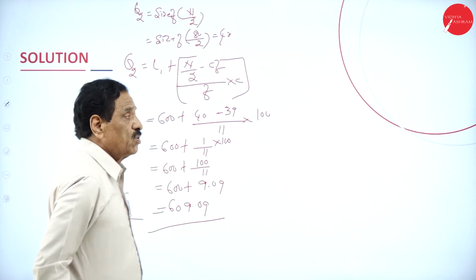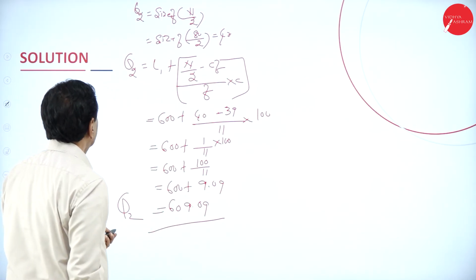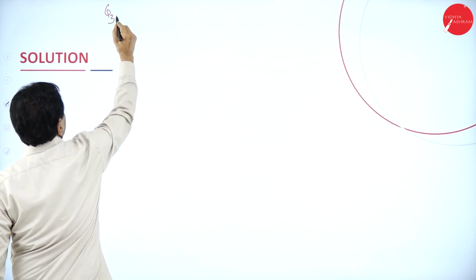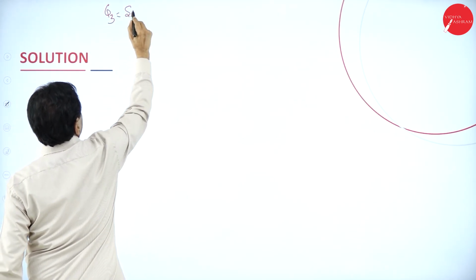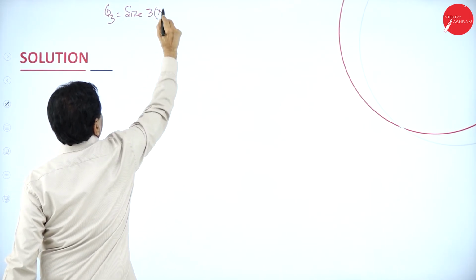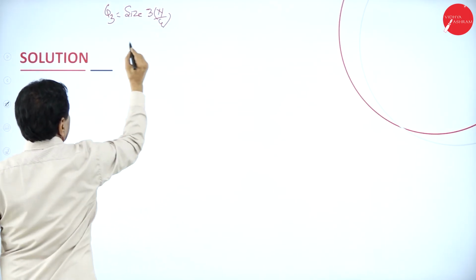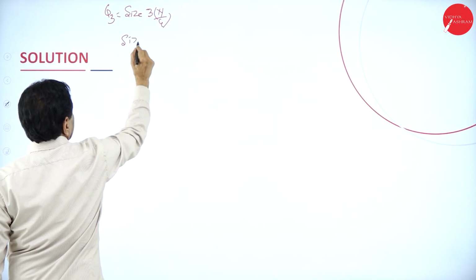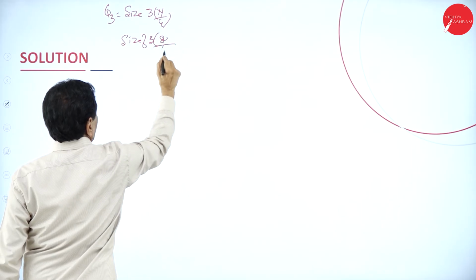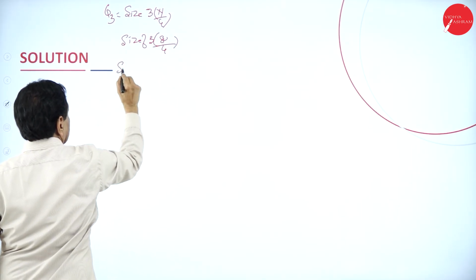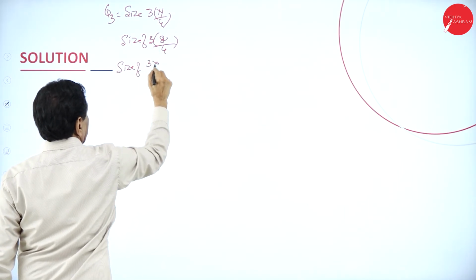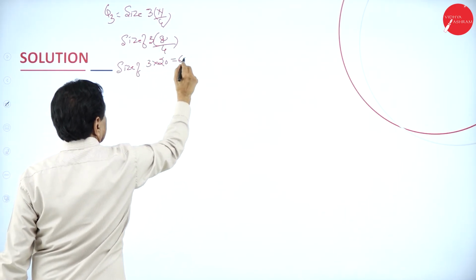We'll go to Q3 now. Q3 is size of 3 into N by 4, that is 3 into 80 divided by 4, which is 3 into 20, equal to 60.